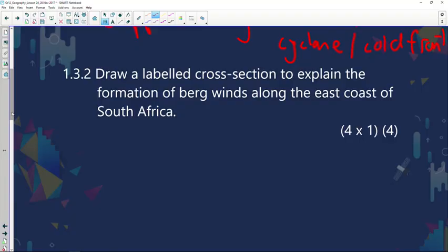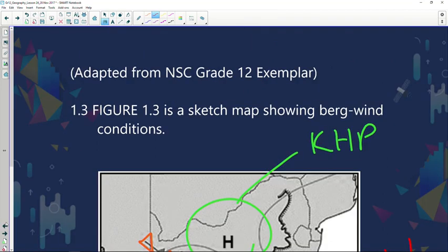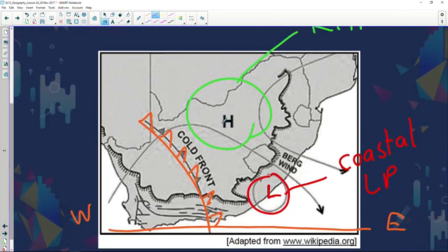Now, if you look at our next question, this is a very important question to me. Basically, I'm going to explain bergwind conditions to you now. Draw a labeled cross-section to explain the formation of bergwinds along the east coast of South Africa. Now, first of all, a cross-section. So I'm going to draw a cross-section from the interior to the coastal regions.